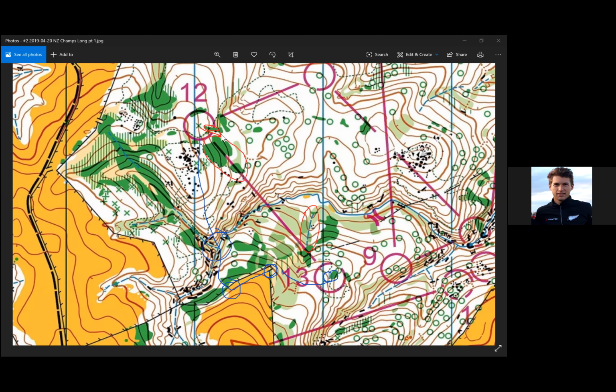I'm going to simplify out this other area of denser vegetation. And also I'm going to use this reentrant again on the side of this much larger valley.